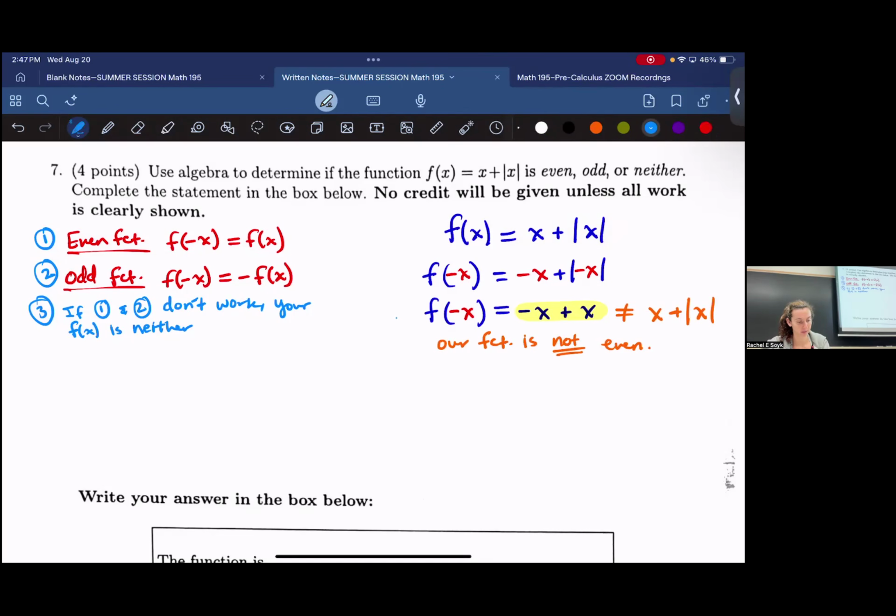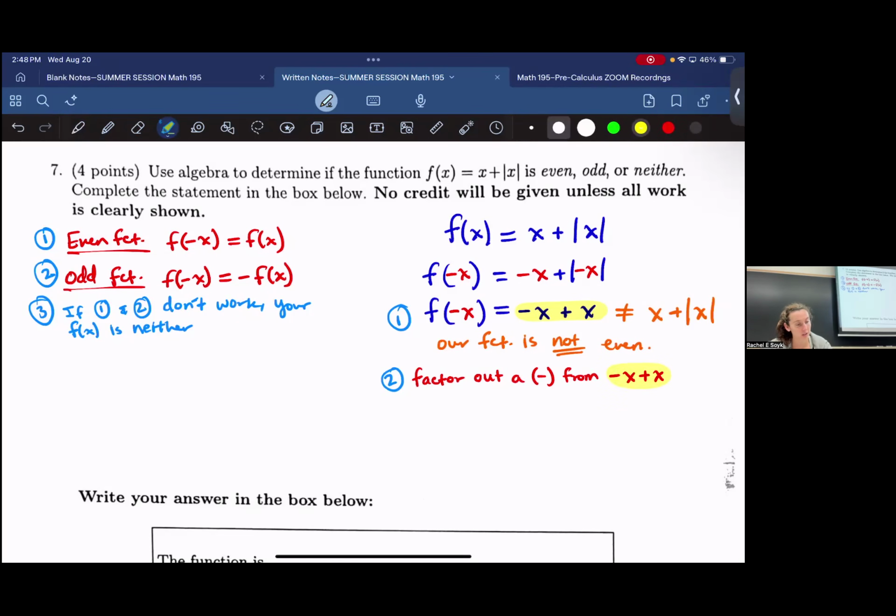So this was our first step. Step 2, we want to see if it's odd. So we're going to use what we have in yellow here, and we want to factor out a negative from it. I'm going to just write it out from negative x plus x.